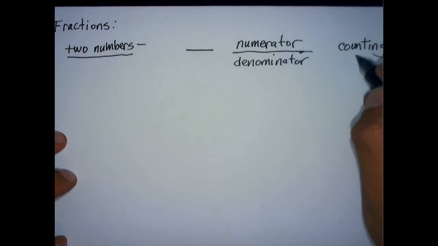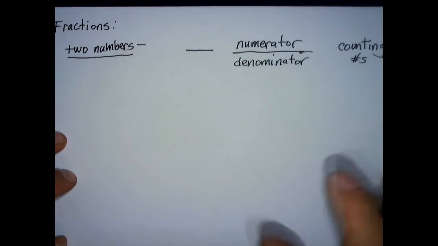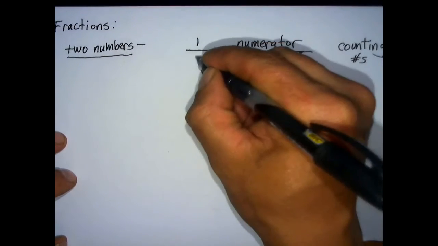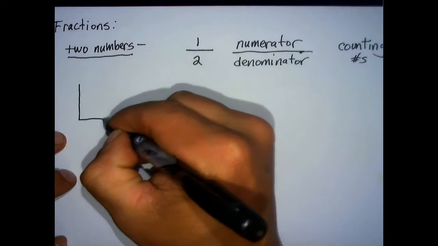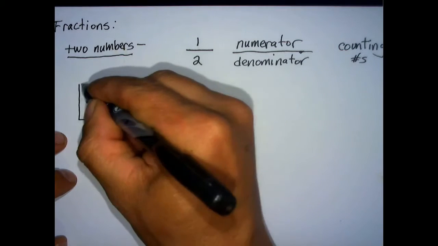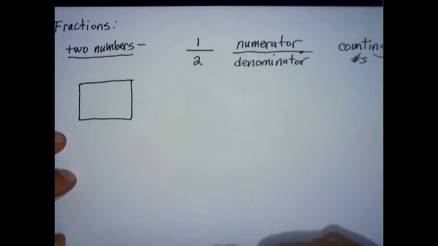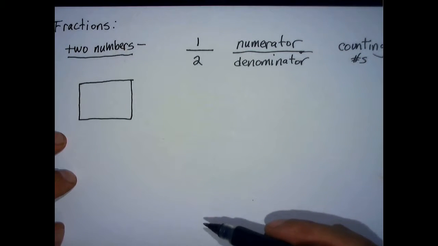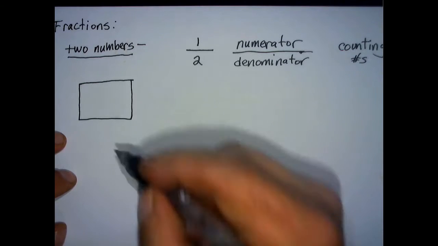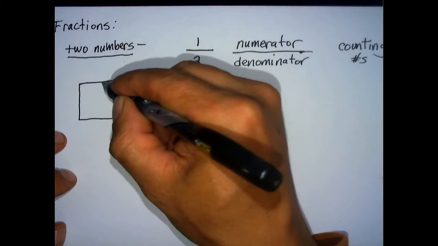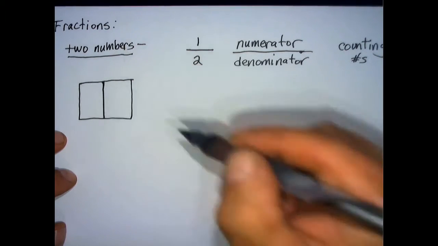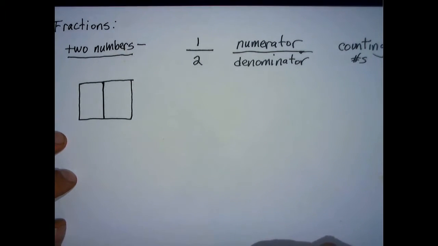So like 1/2 means we're taking an object. There's a beautiful square, or is it a rectangle? I think it's a rectangle. A lovely object. And then I split it into two parts, and then I take one of them.